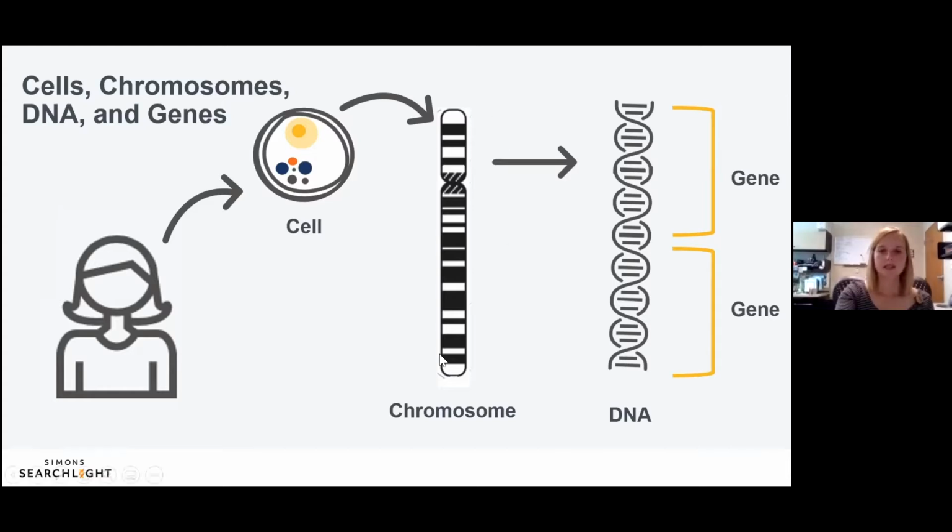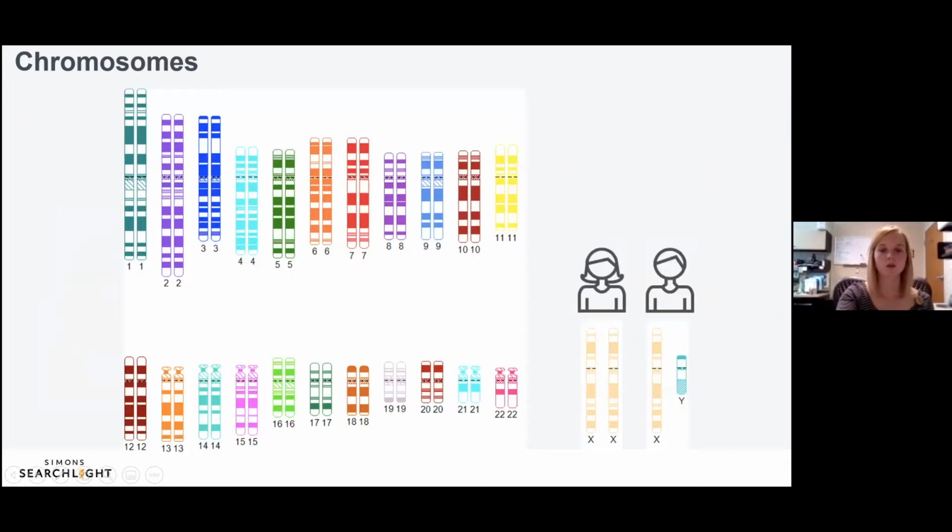So thinking back to these chromosomes, the packages of our DNA, we typically have 46 chromosomes. If we would look at them under a microscope, we would sort and arrange them from tallest to smallest. And typically, we have all the same 22 pairs. Within each pair, we get one from our mother and one from our father.